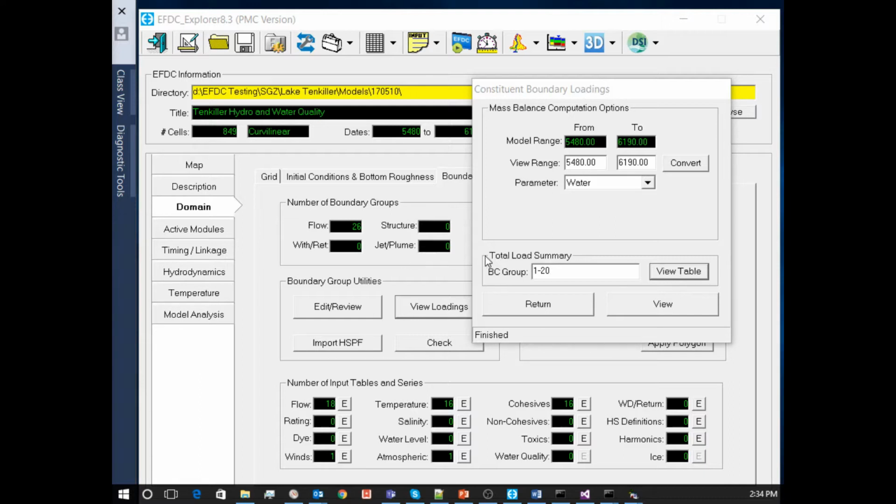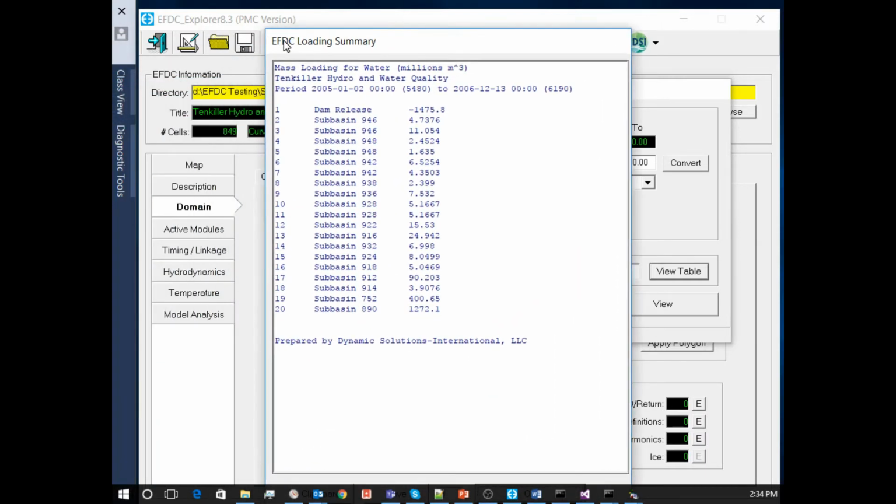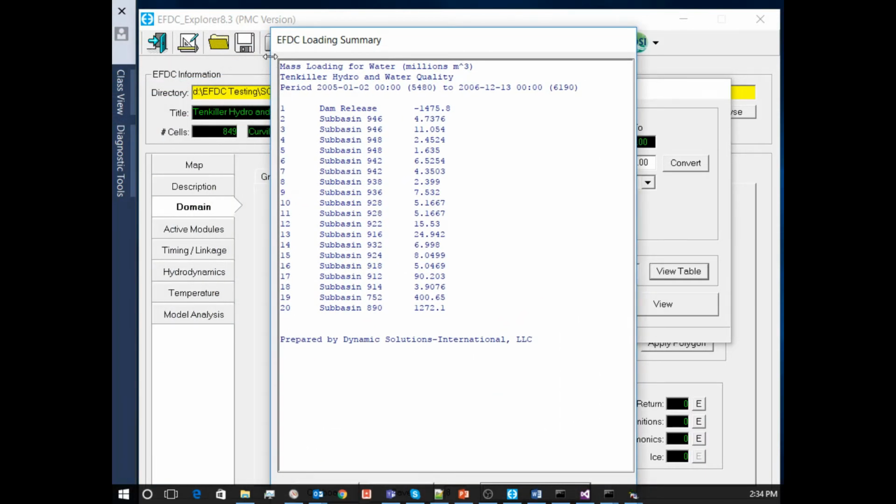Oh, I was going to say, wait a minute, where'd it go? Better put it on this screen. So it summarizes your total mass. In this case, since it's water, it converts it to millions of cubic meters, and tells me that the dam released 1,475 million cubic meters during that 2-year period, and then the contribution of the different boundary conditions.